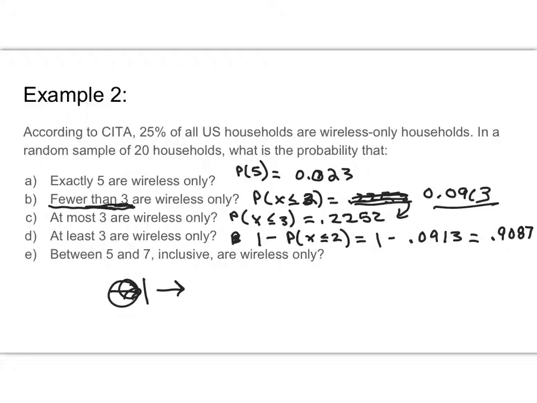So between 5 and 7, because there's only 3 values, I think it's easier perhaps to add them up from the regular table. So I'm going to go back to table 3 and find those values.